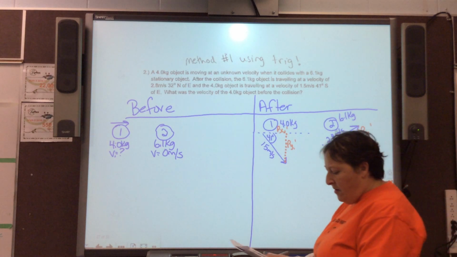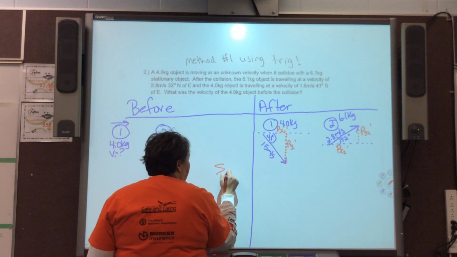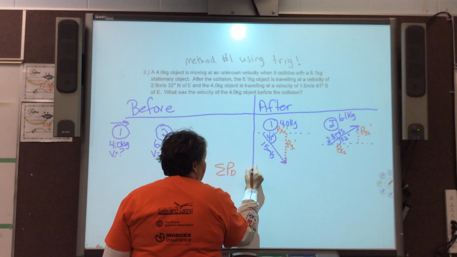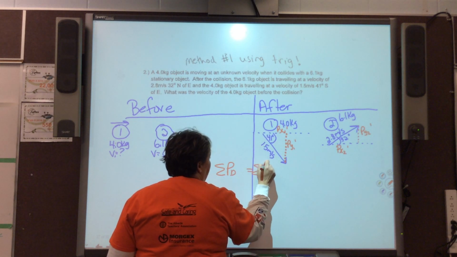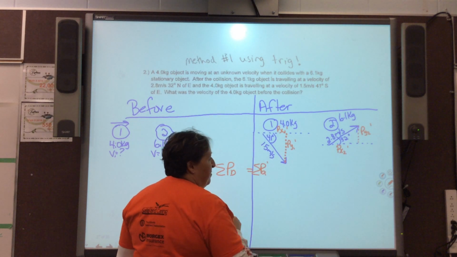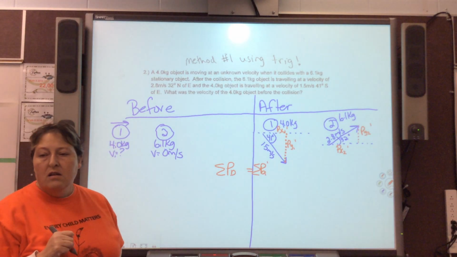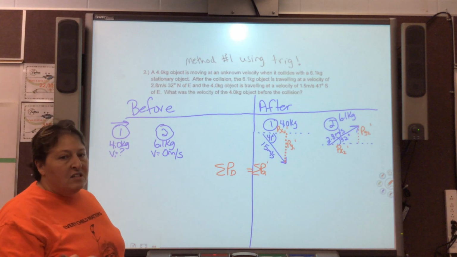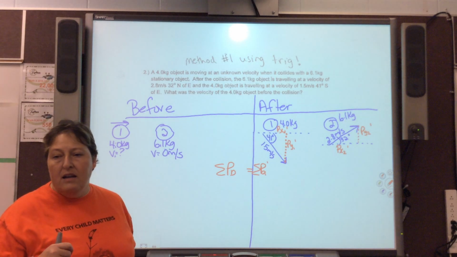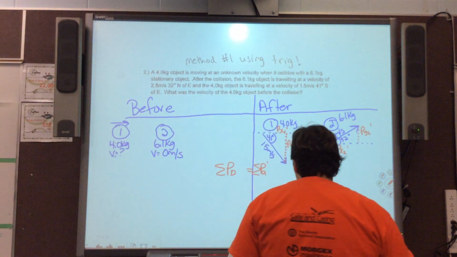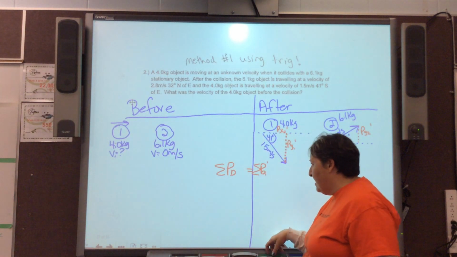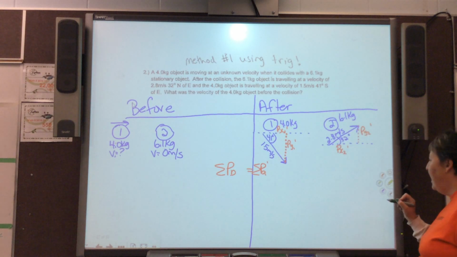And remember, we need the sum of the momentum before is equal to the sum of the momentum after, the P prime. So we need totals of x and totals of y on each side. So how do I figure that information out? What's my next step? What would I do?